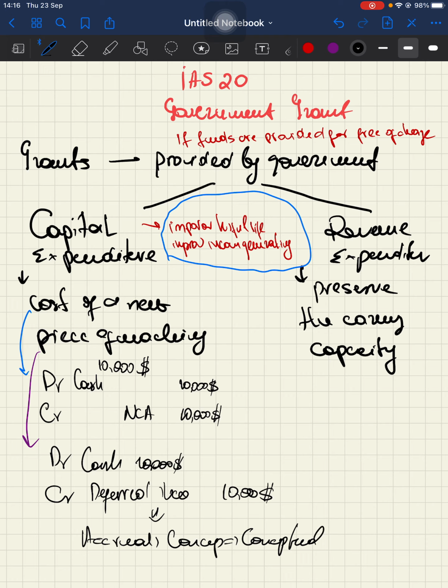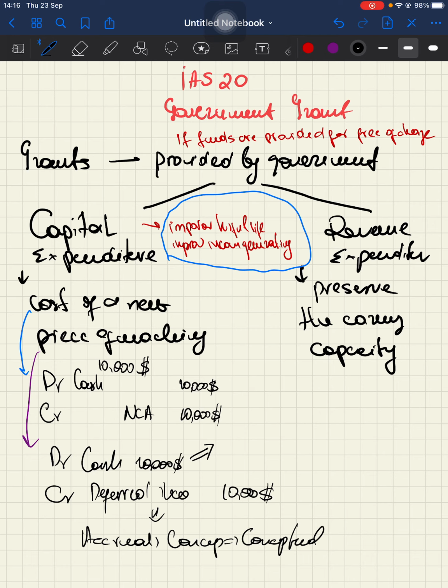Because the conceptual framework says that the income should be recorded when the actual expenditure is incurred. So if we are receiving $10,000 for a specific kind of asset, then we should record this amount received in our statement of profit or loss, statement of comprehensive income over the useful life of the asset.